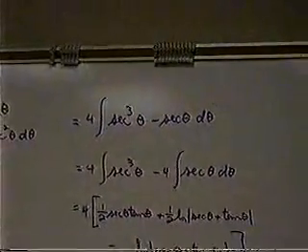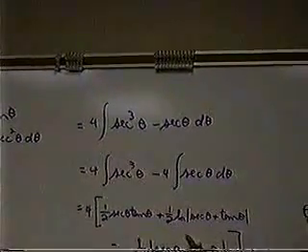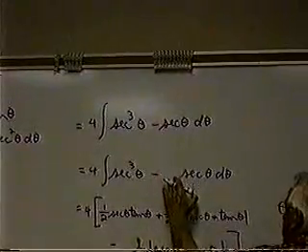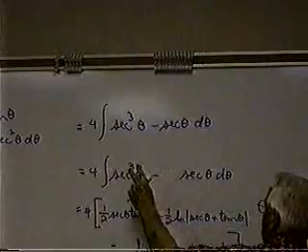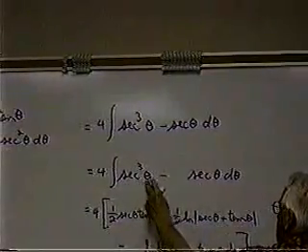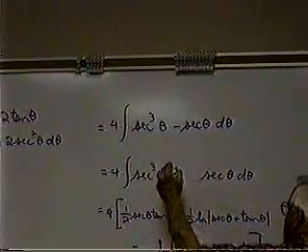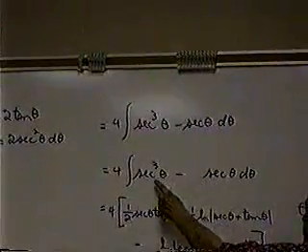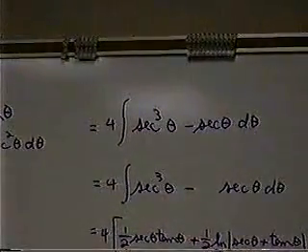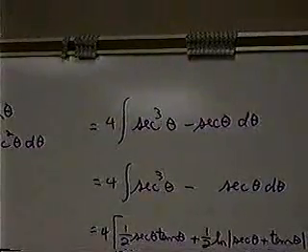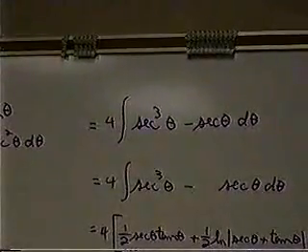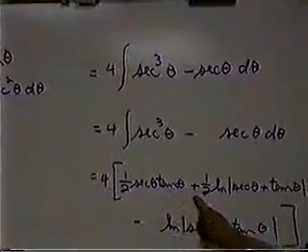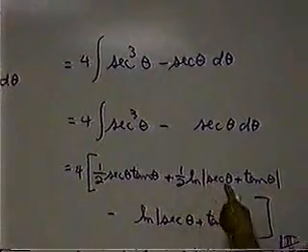Right? So what we do then is, I'm going to erase that and say, okay, we have secant cubed minus secant, so it's the idea of the integration of this and the integration of this. So the integration of secant cubed, by memory or integration by parts, whatever way you learn to get there, or looking at the tables and reading it, is 1/2 secant tangent plus 1/2 log of secant plus tangent.